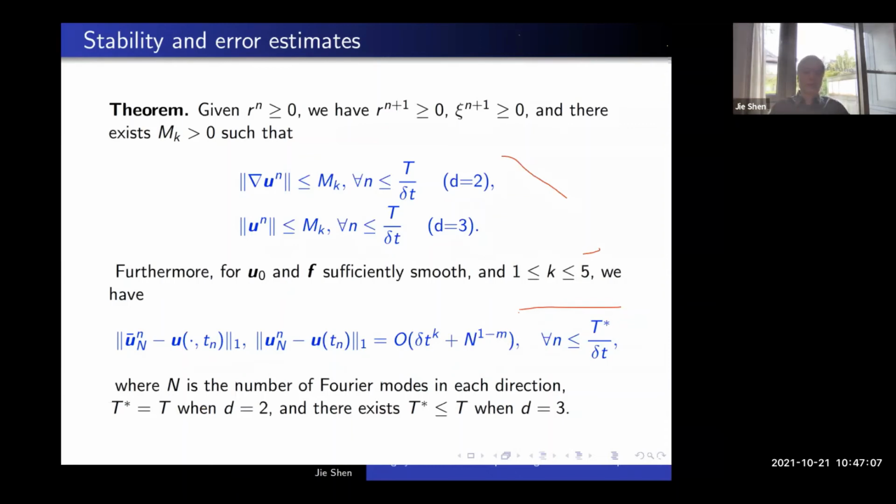For 2 dimension and 3 dimension, you have slightly different results. For 3 dimension, we only have local convergence and local error estimates. This is because for 3 dimension, we only have local existence of the strong solution.